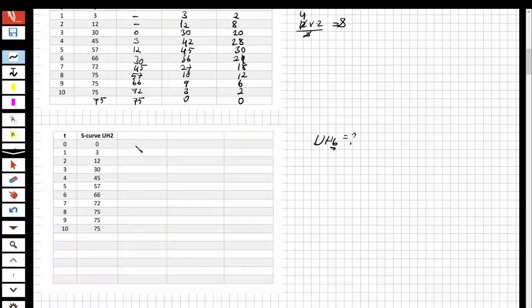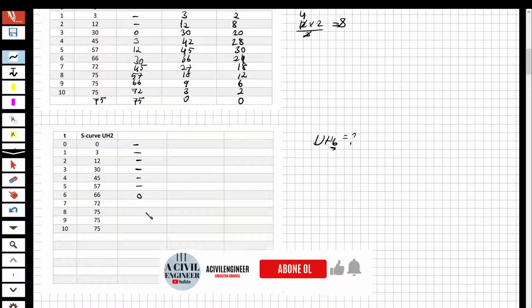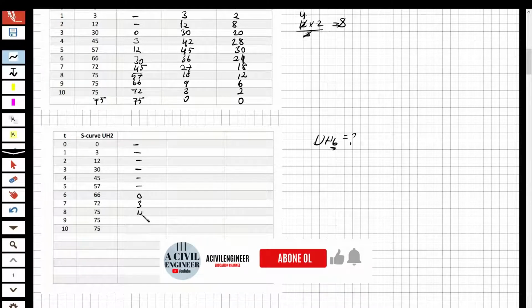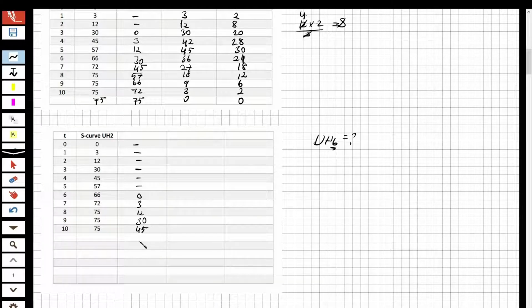So this is going to be lagged as 6 hours. 1, 2, 3, 4, 5, 6. I'm going to start with this one: 0, 3, 12, 30, and 45, and 57, and 66, 72, 75, and 75.